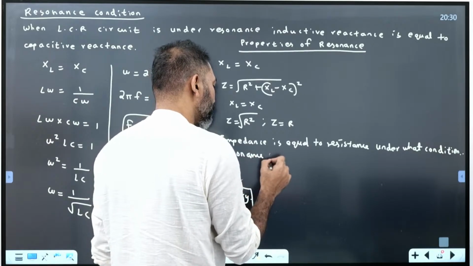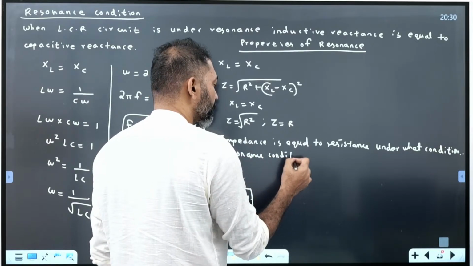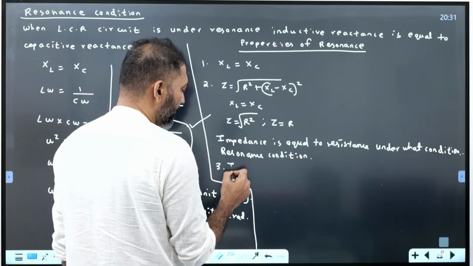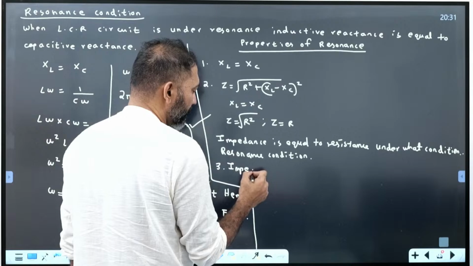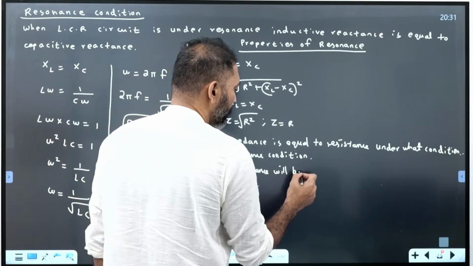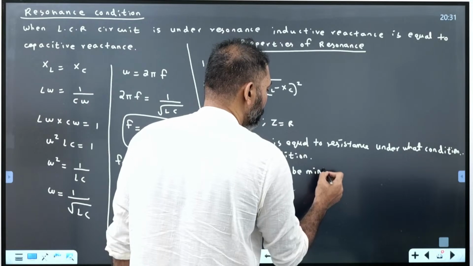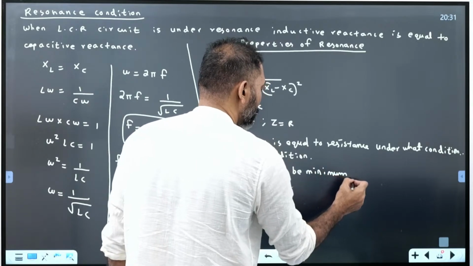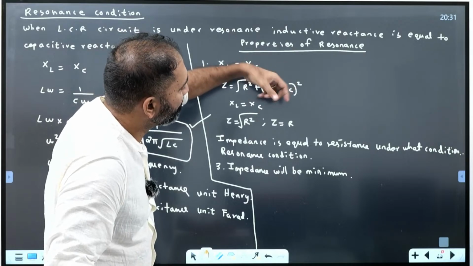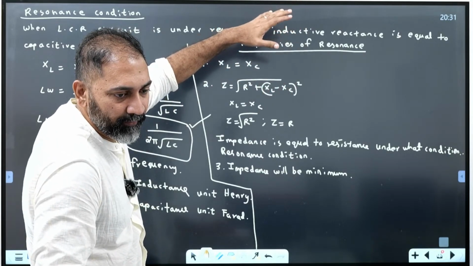Resonance condition. Then impedance. In resonance, impedance will be minimum, because in root of R square plus the XL minus XC term, that term vanishes during resonance.